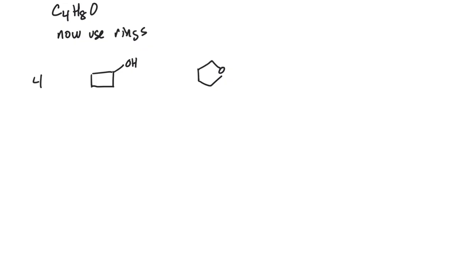So this is another valid structural isomer for C4H8O. And again, the functional group names for these, this is an alcohol, and then this would be an ether. So you can go through, determine the unique number of carbons, the unique sets of hydrogens, their ratios.